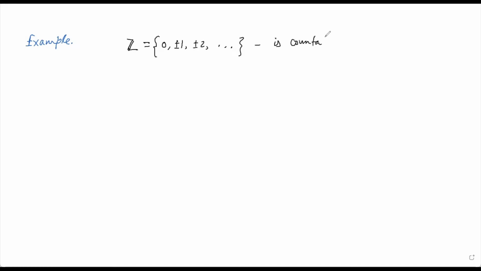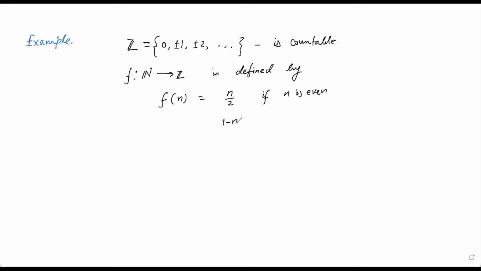Basically, to justify this, you have to give an example of a bijective function f from the set of all natural numbers to Z. Such a bijective function is defined by f of n equal to n over 2 if n is an even natural number, and 1 minus n over 2 if n is odd.